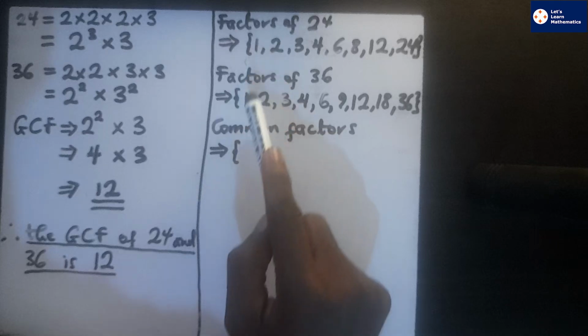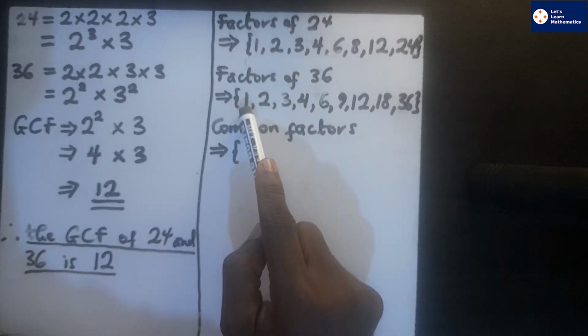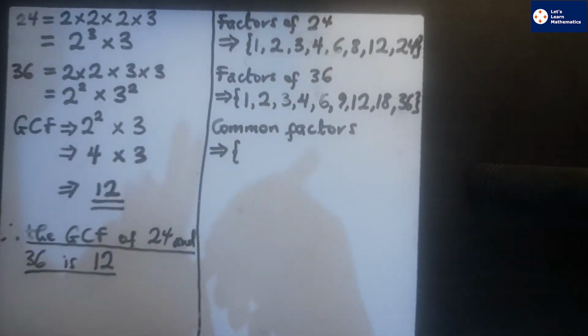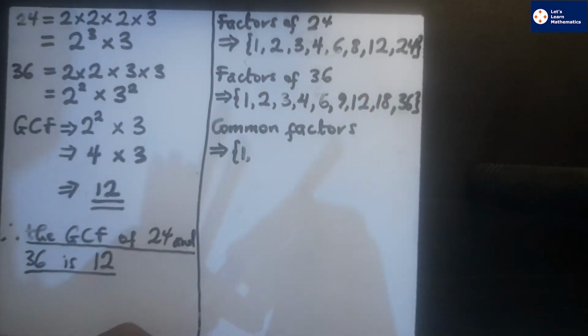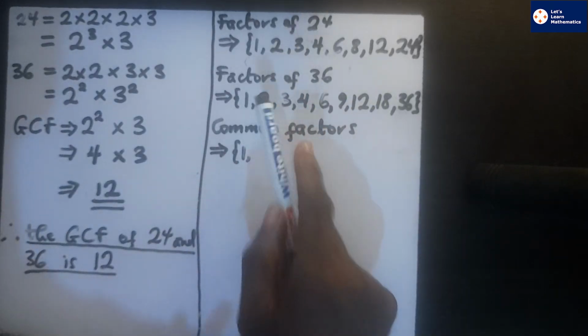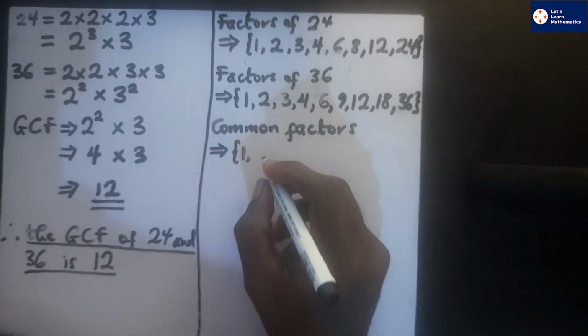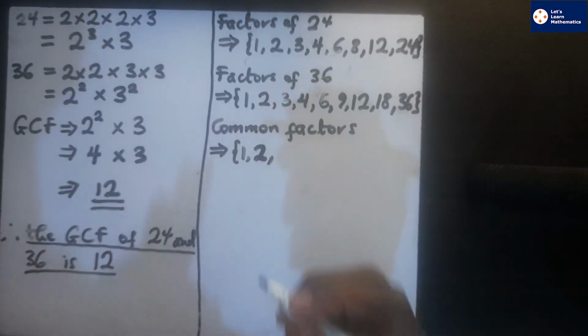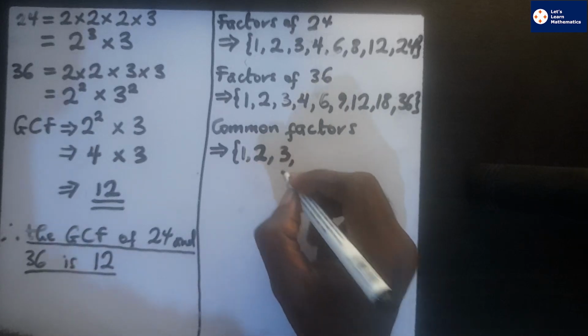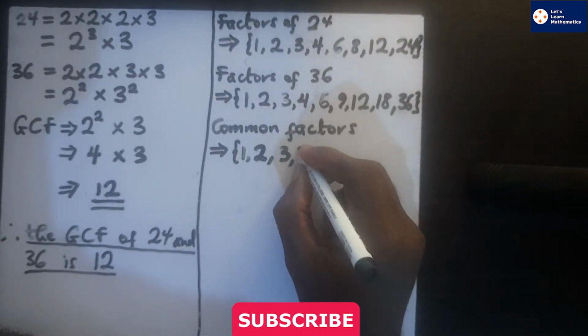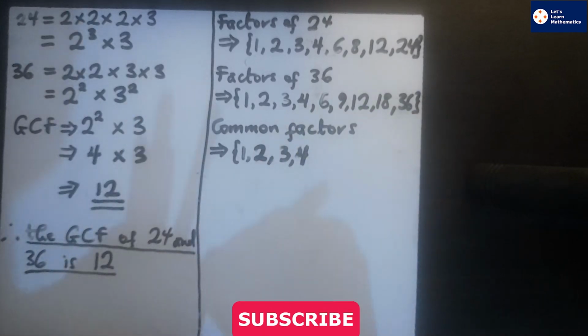There is 1 here, there is 1 here. So 1 is common to the two sets. What about 2? 2 is here, 2 is here. So 2 is also a common factor. 3, yes, 3 is also part. What about 4? 4 is also part of the common factors.